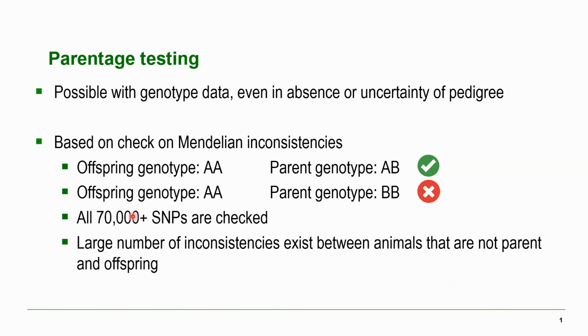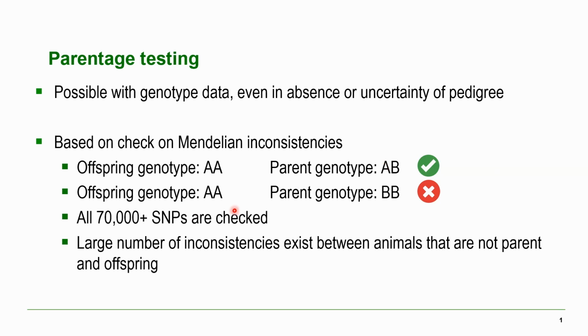It could be a various number, but if you have a 50 or 60K chip, it will be all the SNPs and all the autosomal SNPs. PLINK will check all the combinations, and we will look for these situations. For example, if the offspring genotype is AA and the parent genotype for the same locus, the same SNP, is AB, this is a possible scenario because the offspring got one A from this parent.